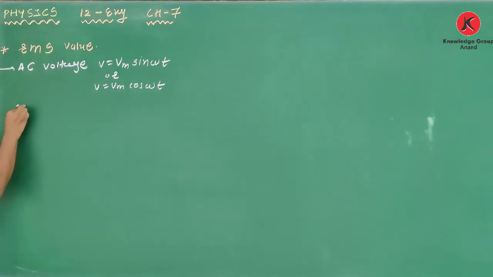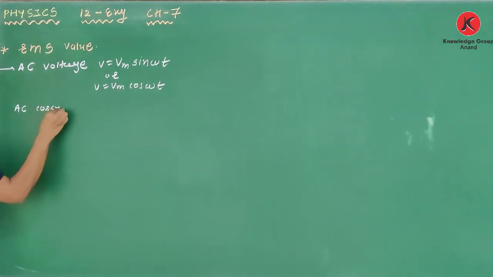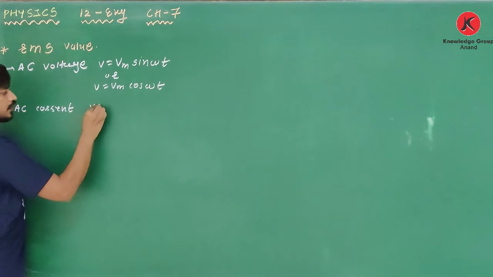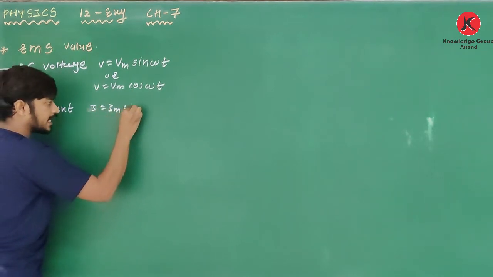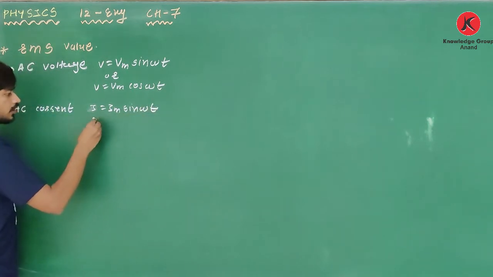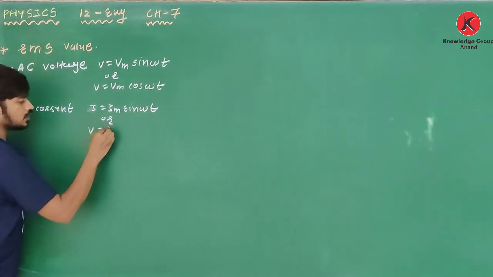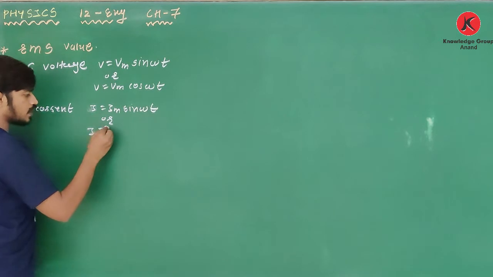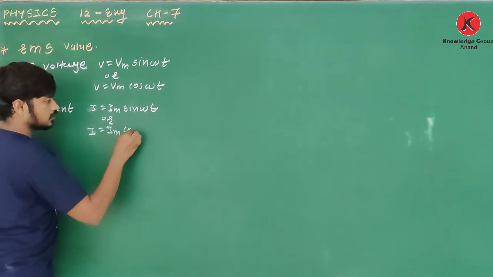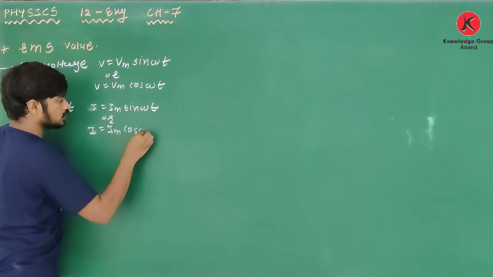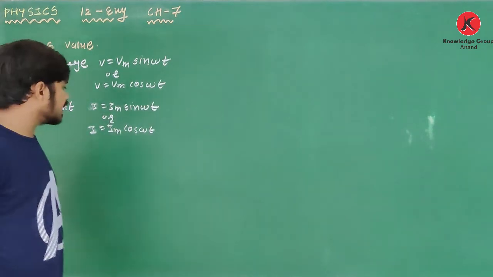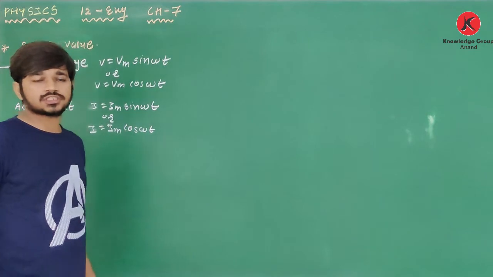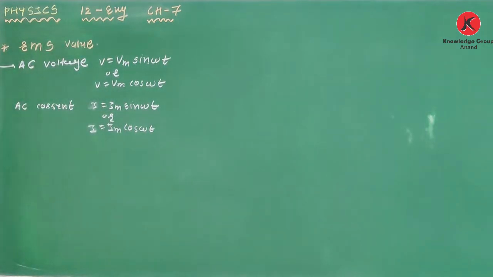Similarly, AC current is given by I = Im sin ωt, or I = Im cos ωt. Means both voltage and current are functions of sine or cos.